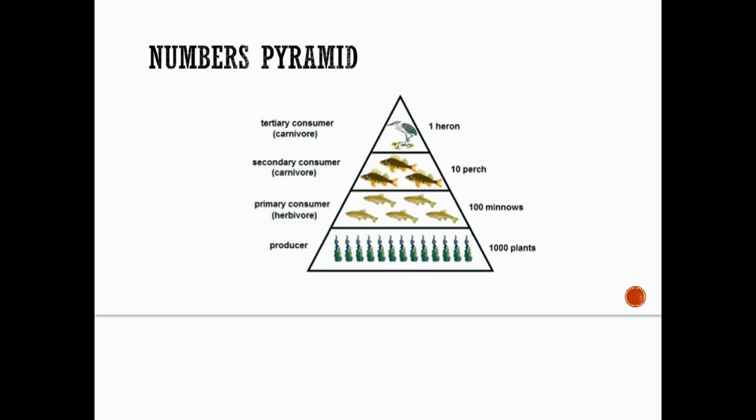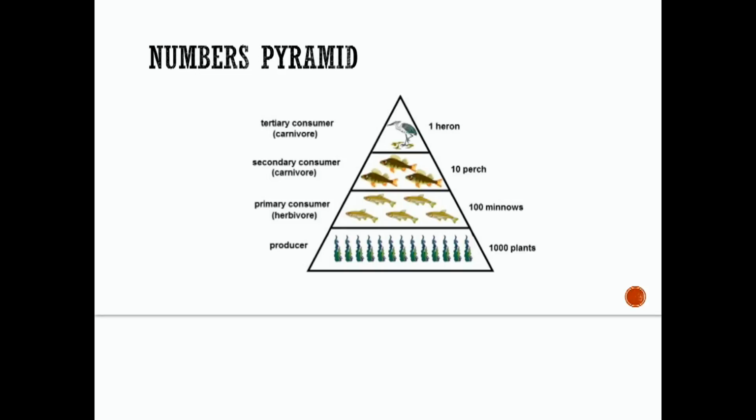Okay, in most cases, number pyramids look very similar to energy pyramids. The number of organisms usually declines as one goes up the trophic levels. Okay, so you've got 1,000 to 100 to 10 to 1.